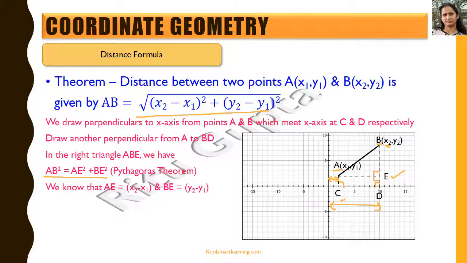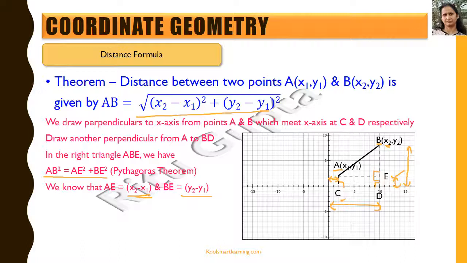Similarly, the distance of point A from the y-axis is x1. So AE becomes x2 minus x1. Similarly, BE is the distance of point B from the x-axis minus the distance of point E from the x-axis, which is y2 minus y1.